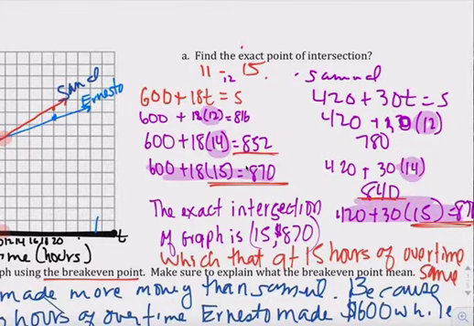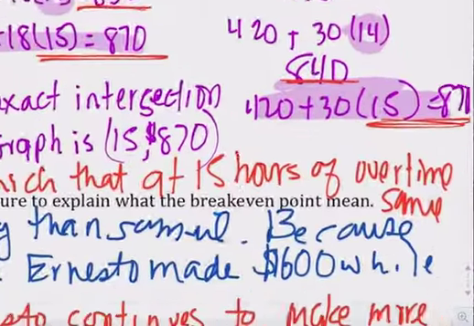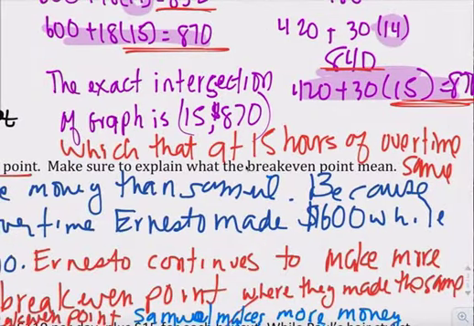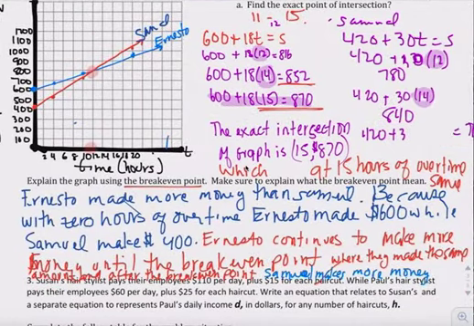So the exact intersection is 15 hours for $870, which at 15 hours of overtime, Samuel made the same amount of money as Ernesto. Okay, so here I would explain Ernesto made more money than Samuel because with 0 hours of overtime, Ernesto made $600 while Samuel made $4.